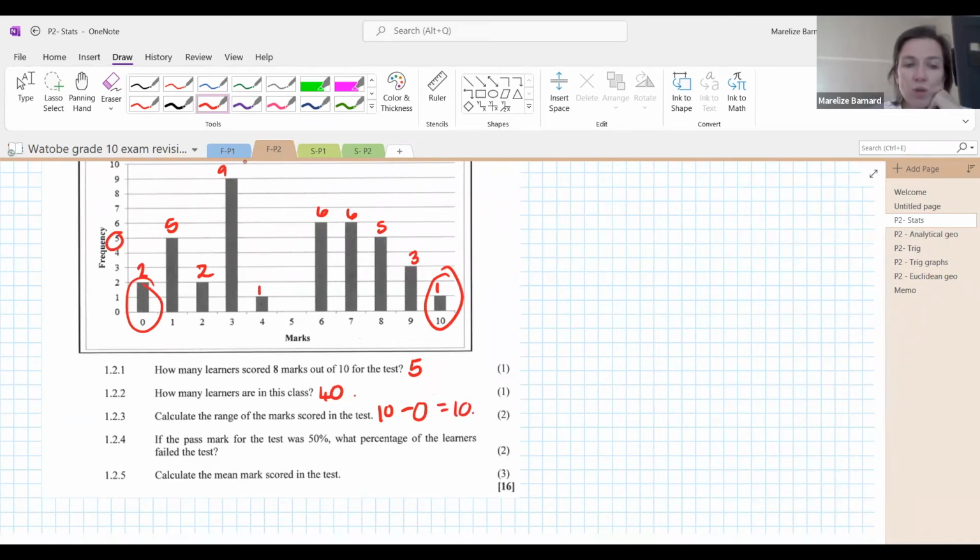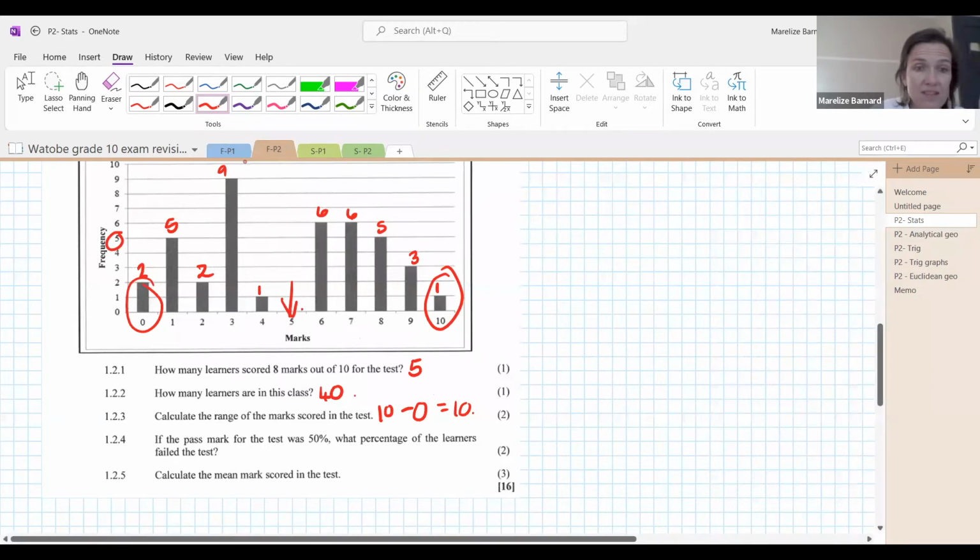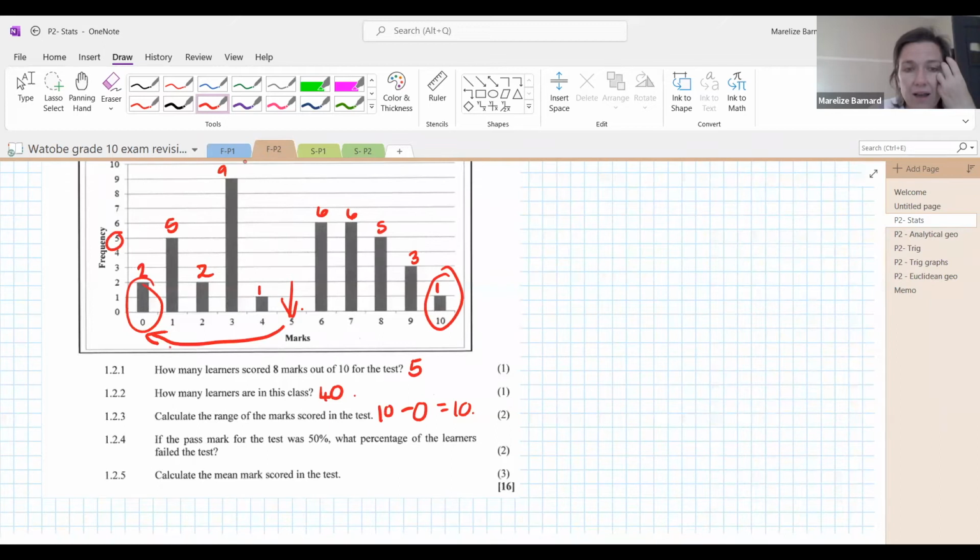Now it says in 1.2.4, if the pass mark for the test was 50%, what percentage of the learners failed the test? Okay, so here's our pass mark, 50%. So we're obviously going to look at how many people scored below that. Let's have another look, Mondre. So the percentage of learners, oh yeah, you might be right. Let's work it out.